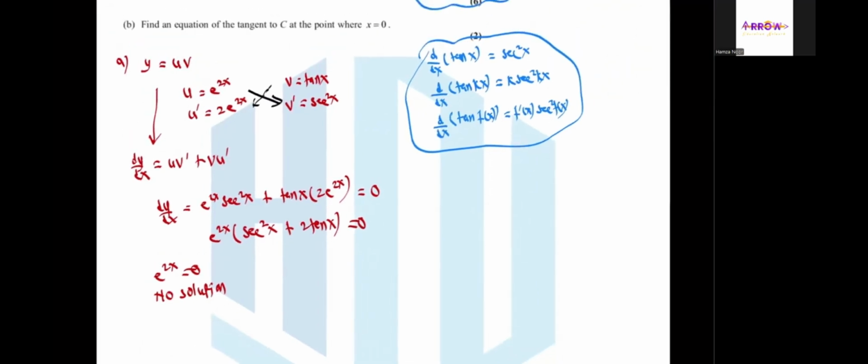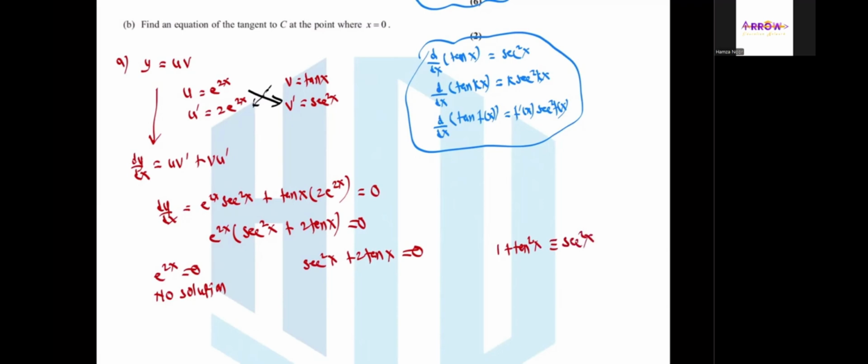All right. And then what we are left with, the other factor, which is sec square x plus 2 tan x is equal to 0. And as we know, a basic identity in P3 is that 1 plus tan square x is equivalent to sec square x.